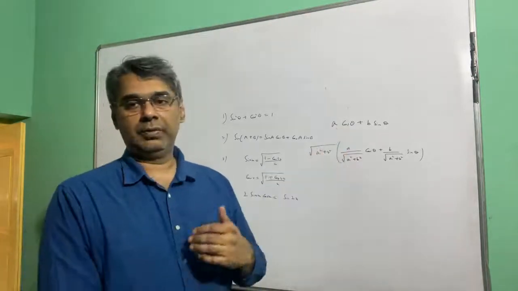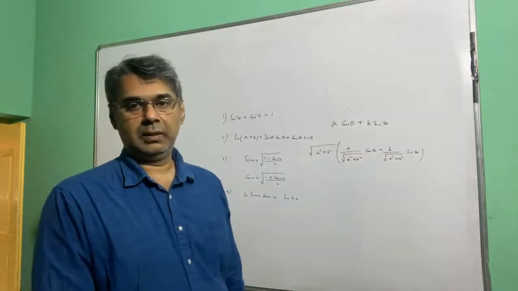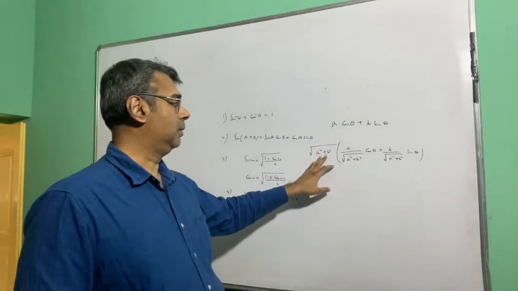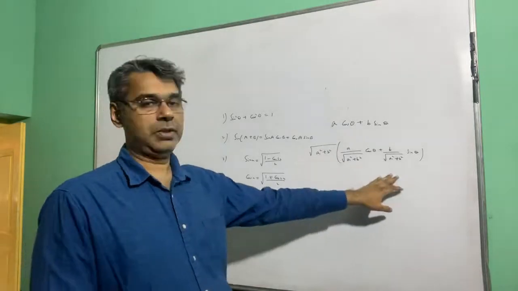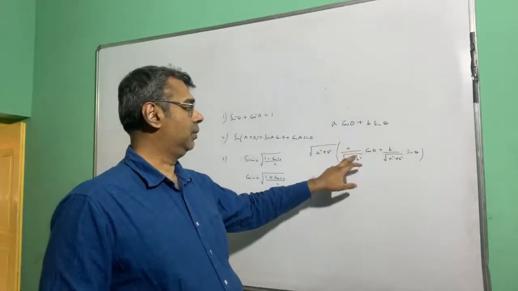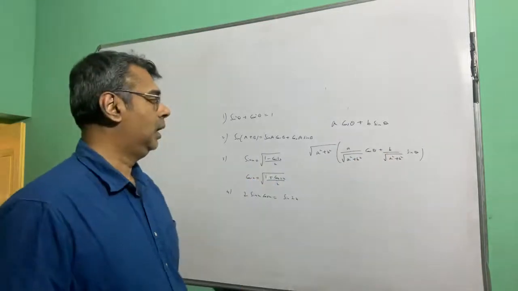The question is to find the maximum and minimum value of a cos theta plus b sin theta. So you multiply and divide the expression by root a square plus b square, giving root a square plus b square into a by root a square plus b square cos theta plus b by root a square plus b square sin theta.